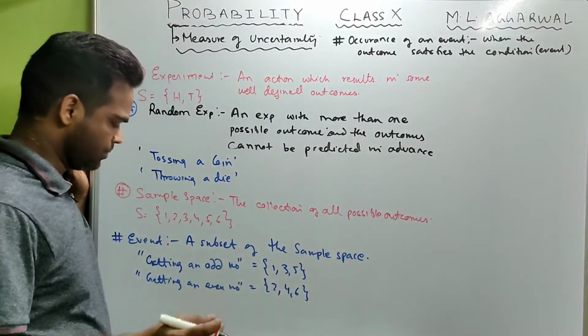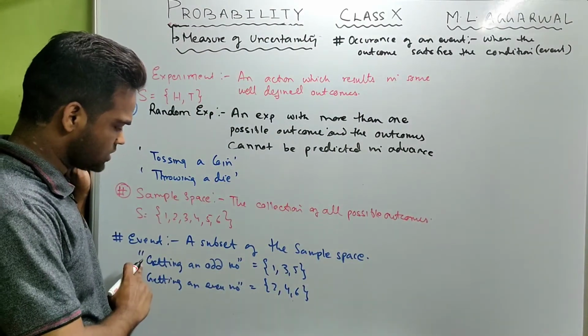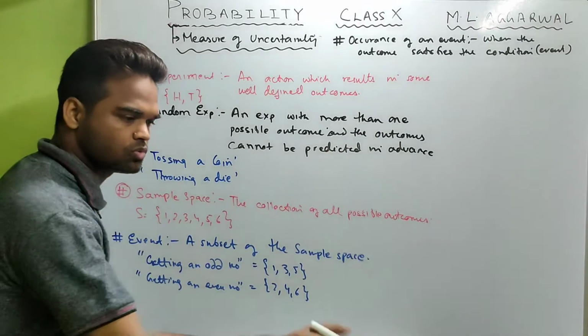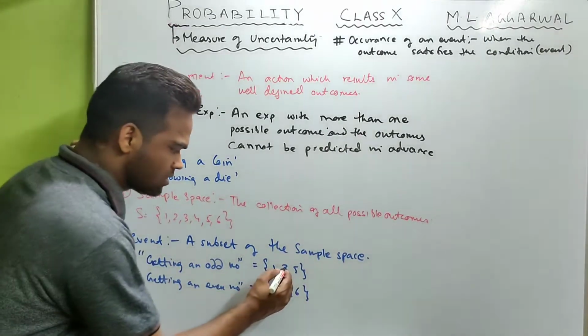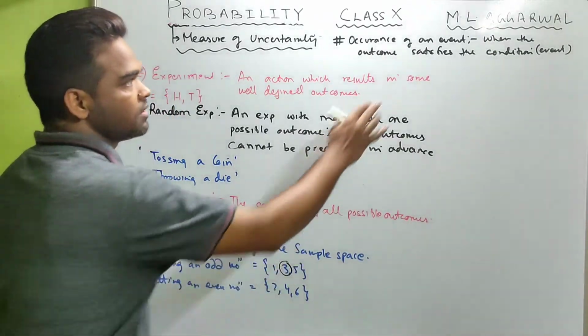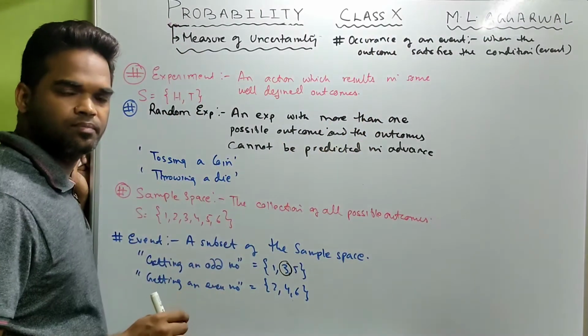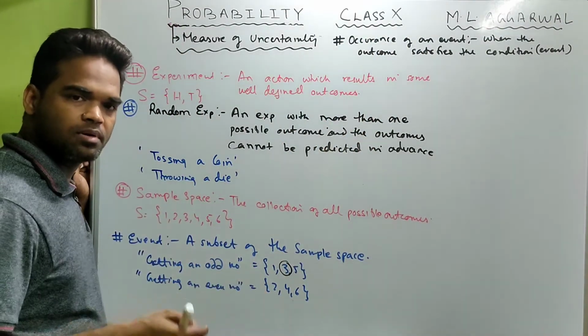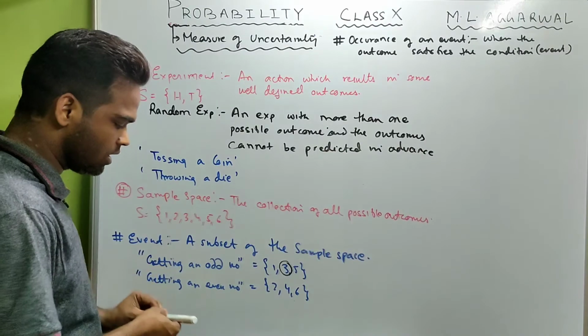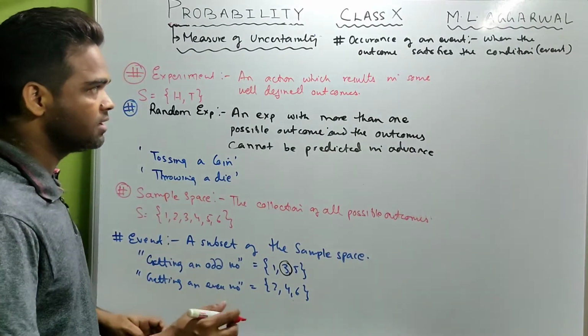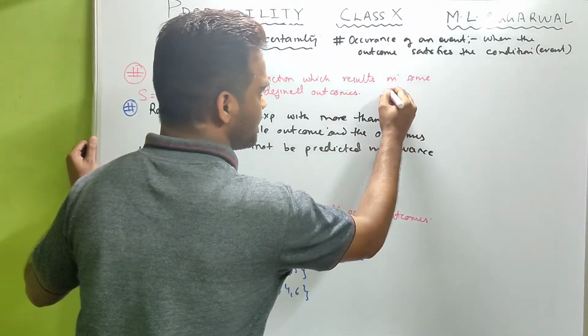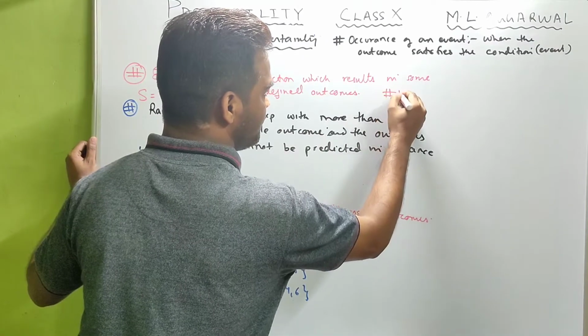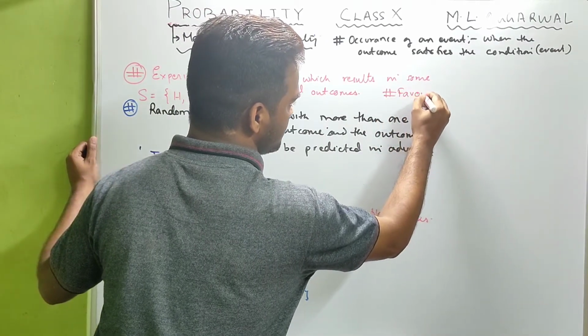Suppose your event was getting an odd number and you throw a die and 3 turns up, then your event has occurred. If 4 turns up, then your event has not occurred. Am I clear?